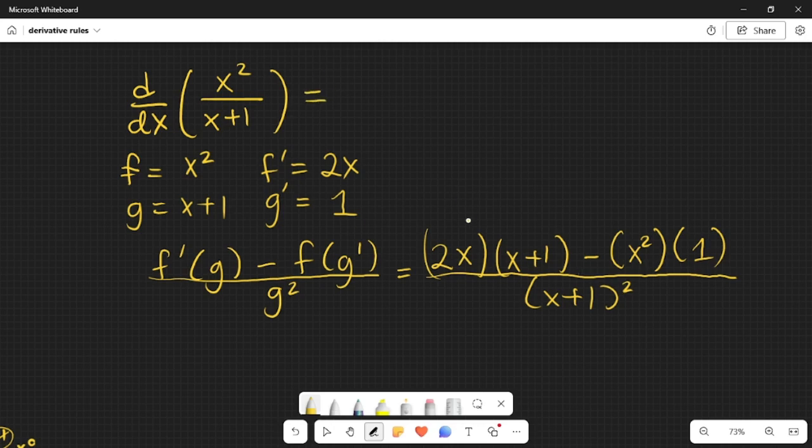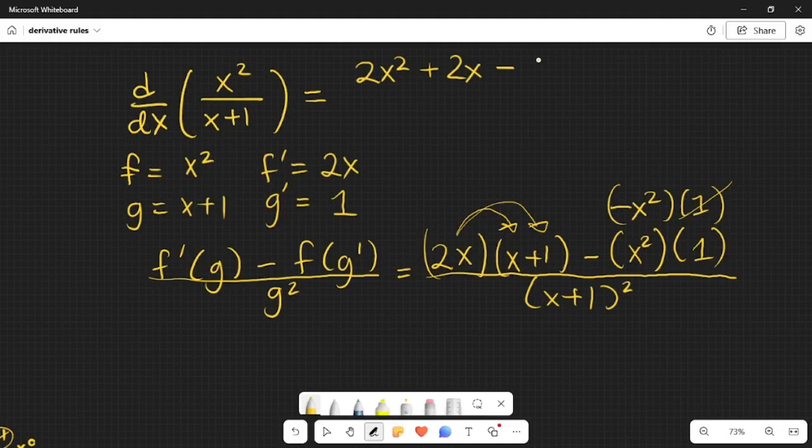Simplifying this, we're going to distribute 2x to both of these terms. 2x times x is 2x squared. 2x times 1 is 2x. Then we're going to distribute the negative, so it would be negative x squared multiplied by 1, which is just negative x squared. So it would be minus x squared over x plus 1 raised to the second power.